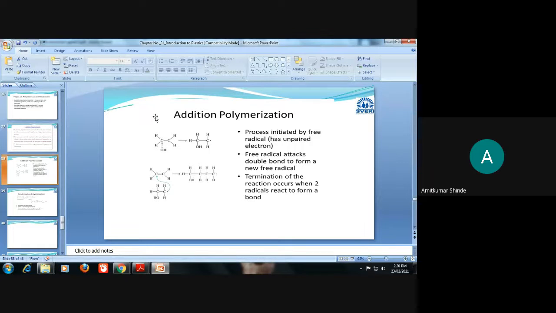In the initiation, the free radical, here you can say that OH is the free radical, will get attached to the monomer. This is the monomer.